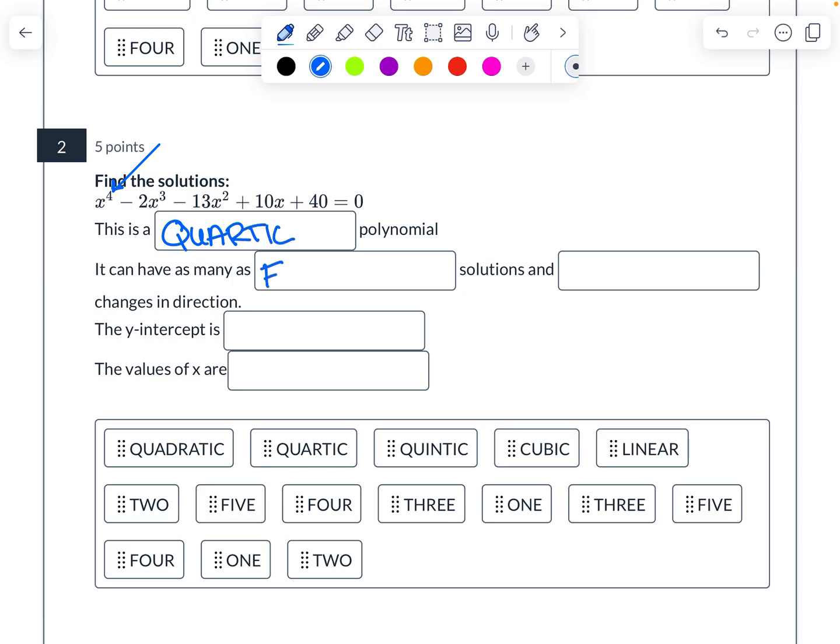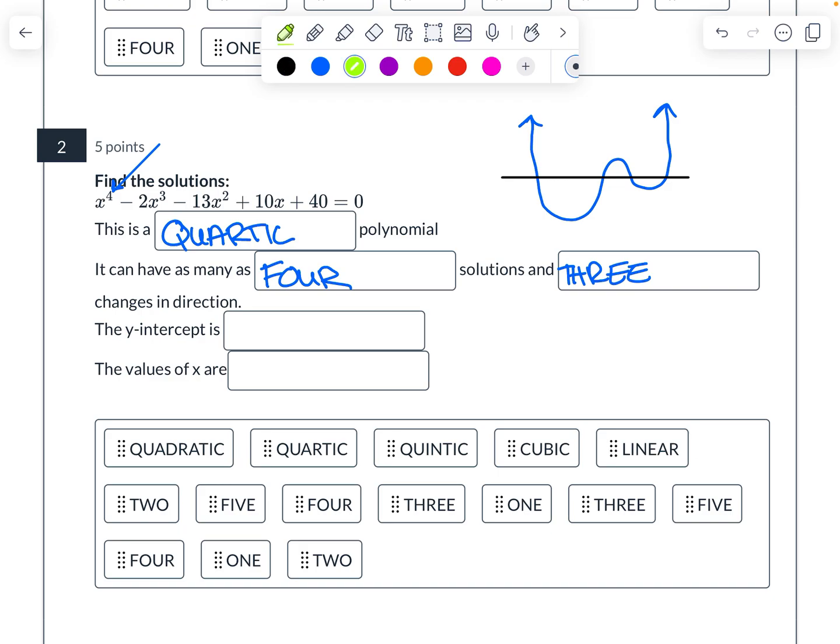That means it will have as many as 4 solutions and 3 changes in direction. Remember, if you graphed it, it would look something like this, possibly. Which means it's going to hit the x-axis once, twice, 3, 4 times. And it's going to change direction 3 times.